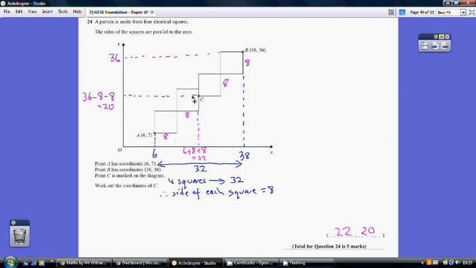Now with regard to the y coordinate of C, I'm going to work backwards from B. So B has a height of 36, then to get down to C, I'm going to come down 8 and then come down a further 8 to get to C. So the y coordinate of C is 36 minus 8 minus 8, which is 20.